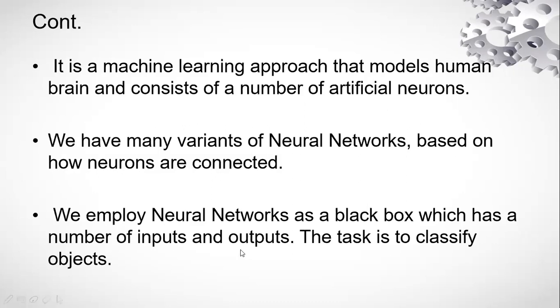Next, we employ a neural network as a black box. When I say black box, it means that it is not transparent. We are not clear, or the person is not clear, exactly what processing is being done. When we learn the neural network, we will learn the architecture in which we have a hidden layer.